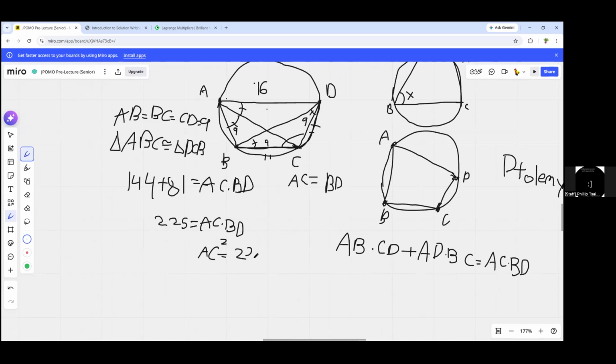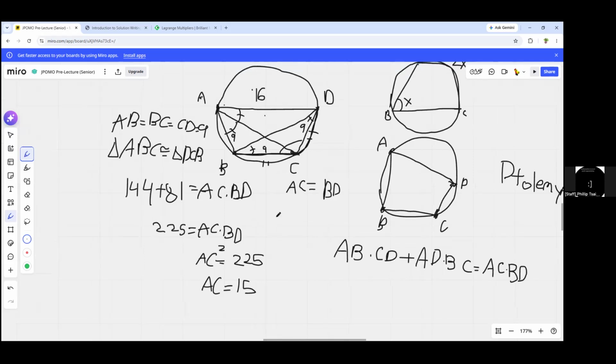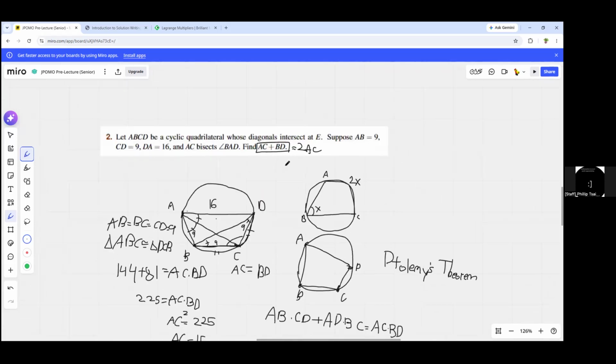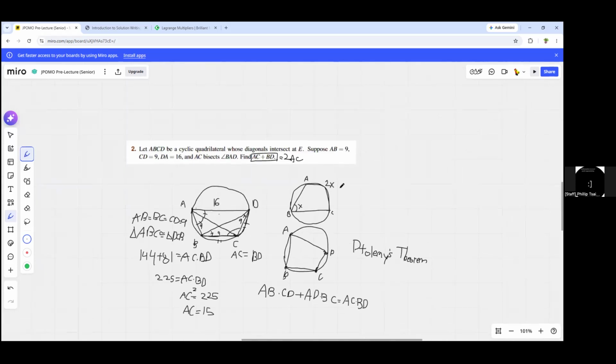We can immediately conclude that AC is equal to 15, because a side length can't be a negative number. So our answer, 2AC, is 30, and that is our answer. Does anybody have any questions?